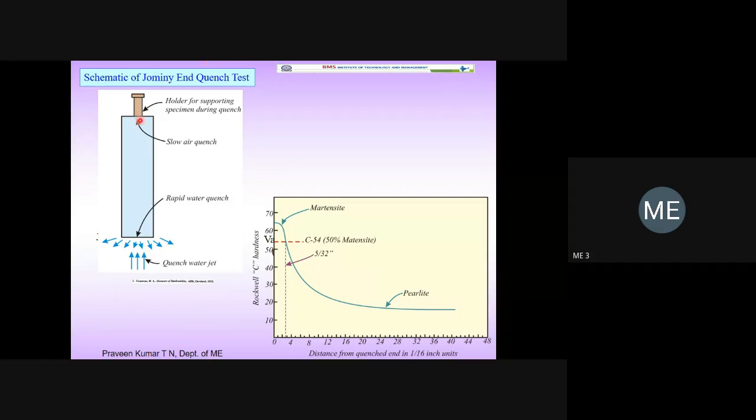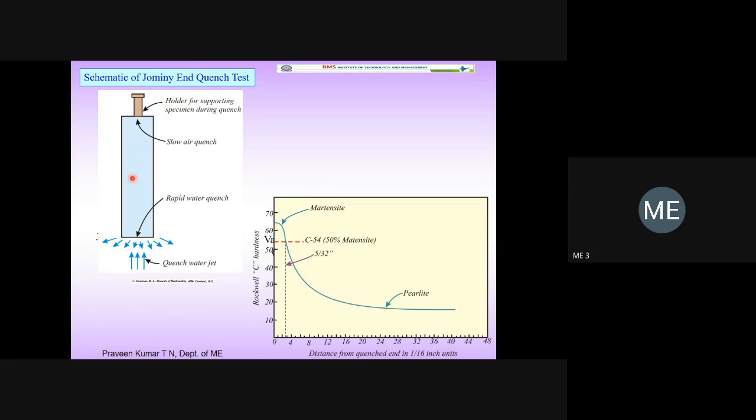Imagine this is the steel specimen. This steel specimen is heated above the austenizing temperature, or above the lower critical temperature, or the A1 line, if it is a eutectoid steel.